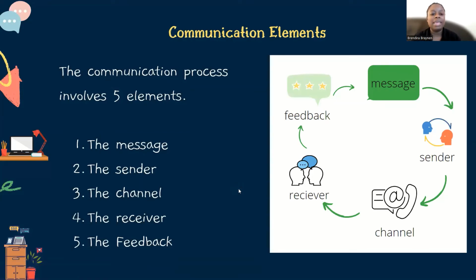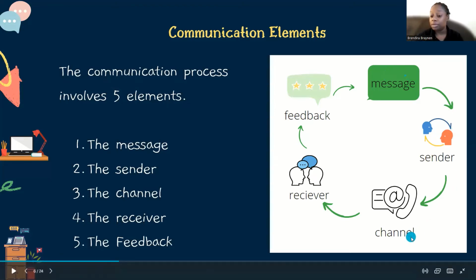Next, we're going to talk about the elements of communication. The communication process involves 5 different elements. We have the message, which is the information that's being shared. The sender, the person that's actually beginning the communication process or sending the information to somebody else.